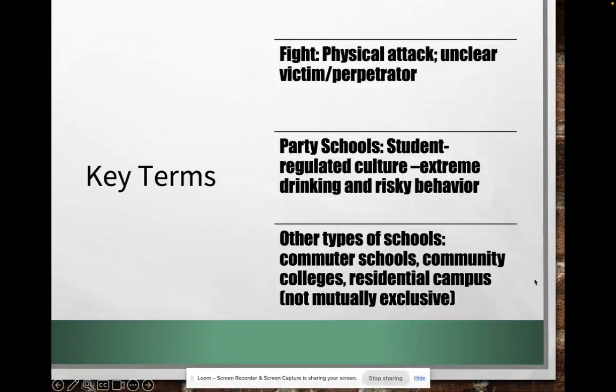So the majority of students are driving into campus on a regular basis to attend class. The school where I collect the data is a party school. It's also a residential campus, meaning the majority of students live on or near campus. So they're living in dorms, buildings that are owned by the university, or they're living in off-campus housing that is close enough to the university that they're walking to campus. So not a lot of driving in and commuting.